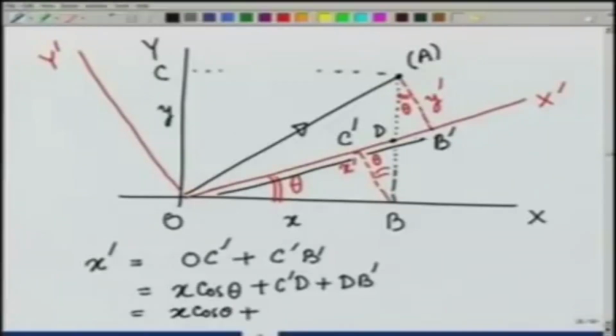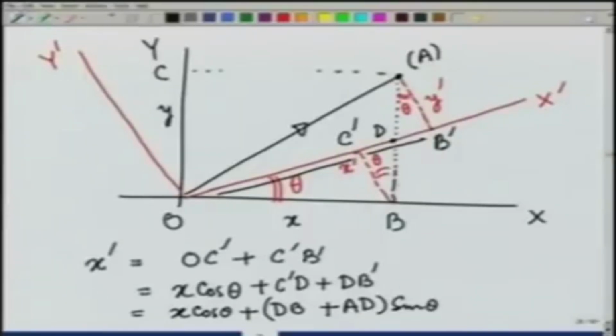C prime D is nothing but D B sine of theta, D B sine of theta. I am deliberately writing it like this, plus D B prime is nothing but A D sine of theta. Sine of theta I have taken out.